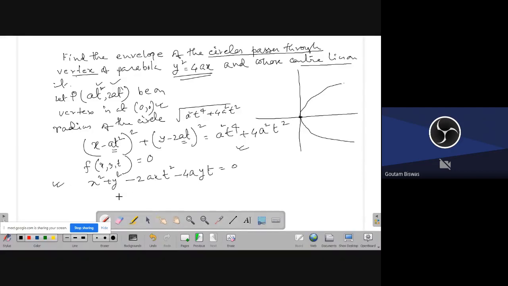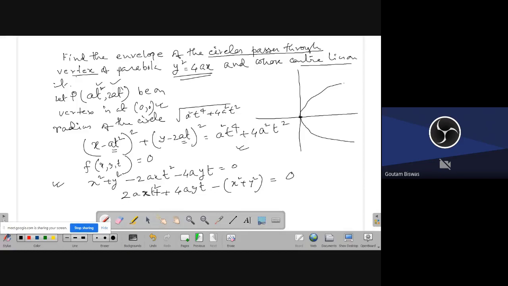So you can put it as 2ax t square minus or plus 4ayt minus x square plus y square equals 0. So what is our duty? Our duty is to eliminate t from here.